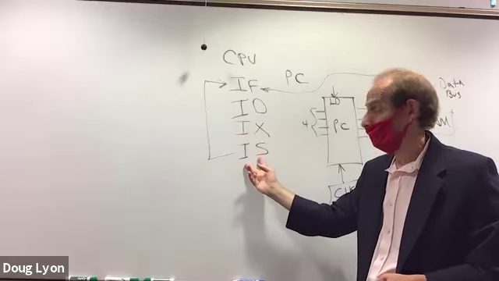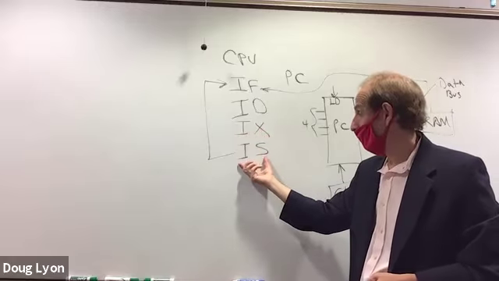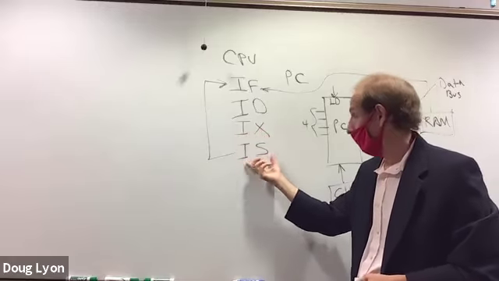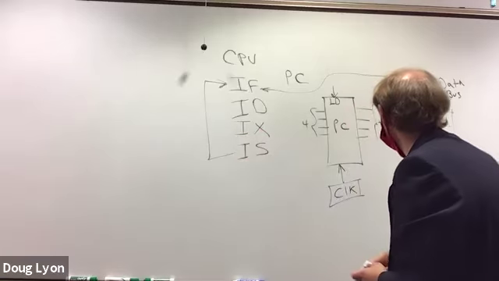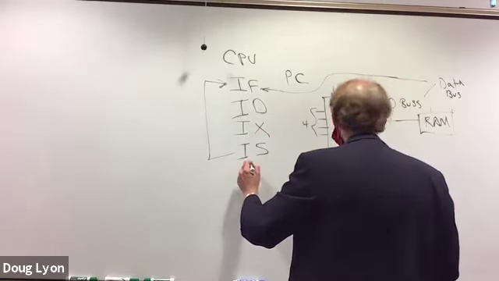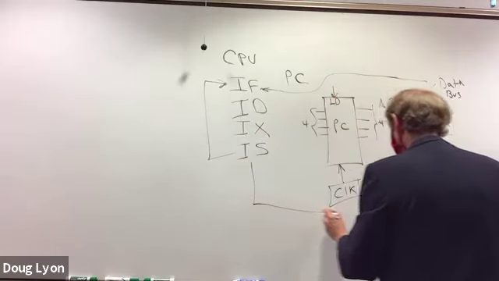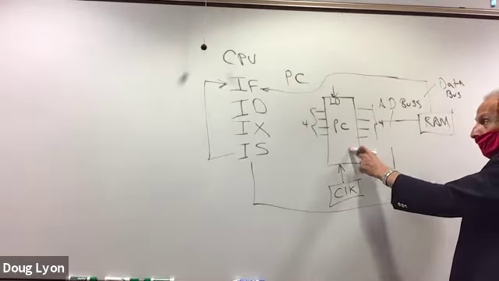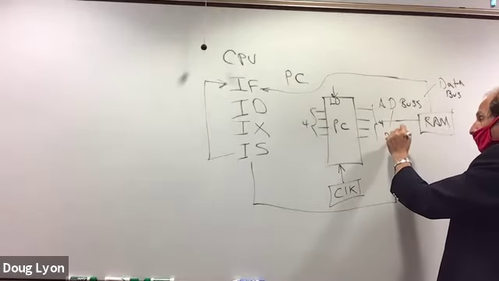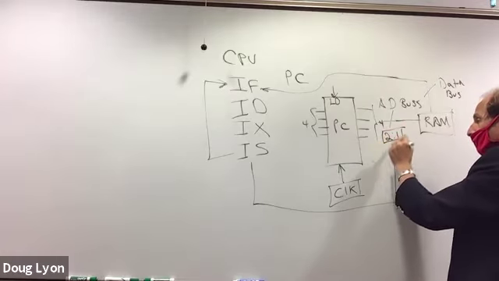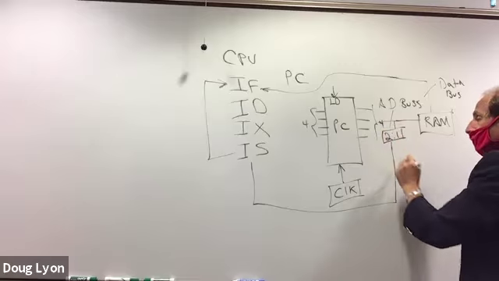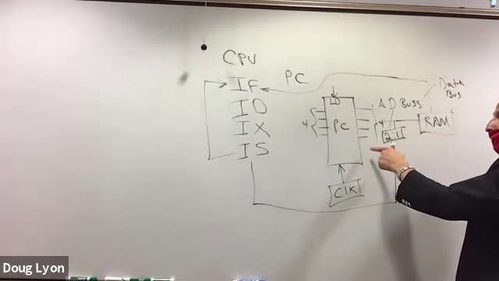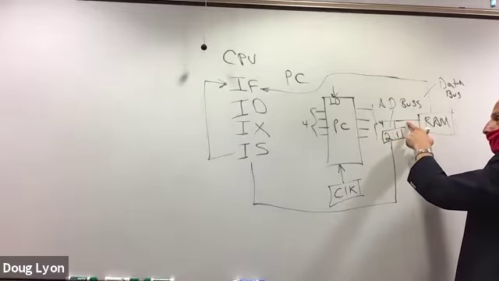And then it has to do a store. And the store might be to a location that the CPU has control over, because it too can access the address bus, but not at the same time as the program counter. So it needs a 2-to-1 mux, so it can control who gets the address bus.